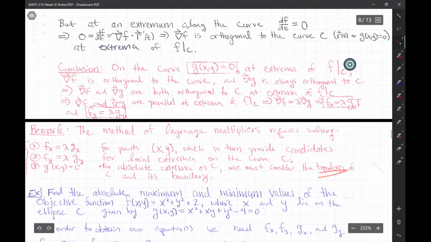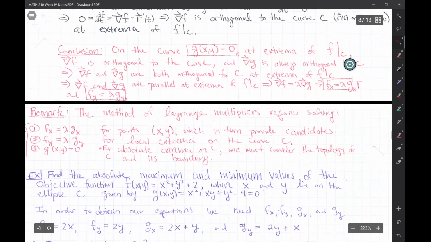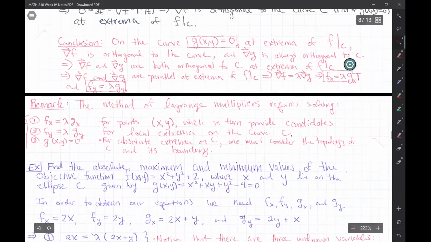The topology is just to say we should look at whether the curve is closed or open. Hopefully it's a closed curve, in the sense it includes its boundary points, then we know absolute extrema exist. And we must also consider the boundary. Okay, so you have to look at the endpoints of your curve.